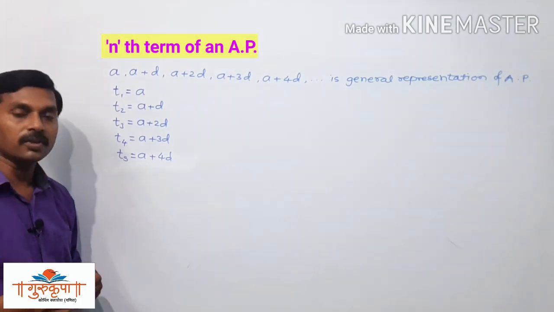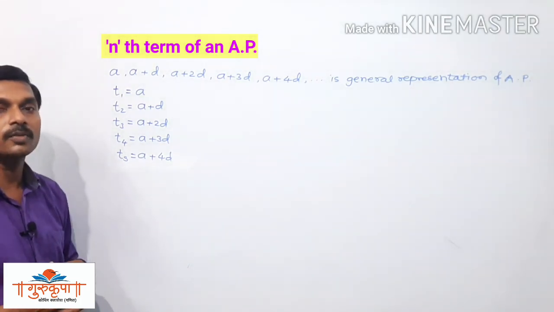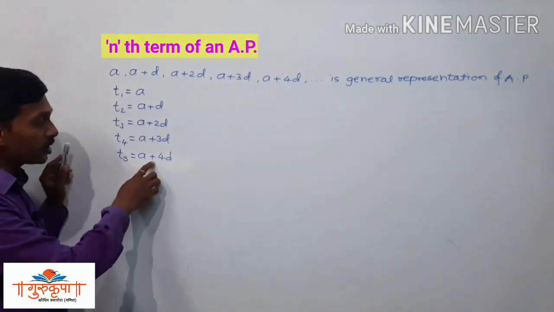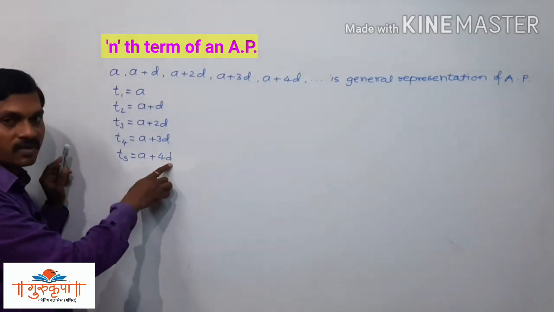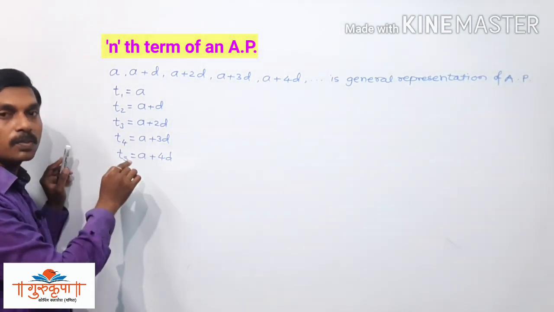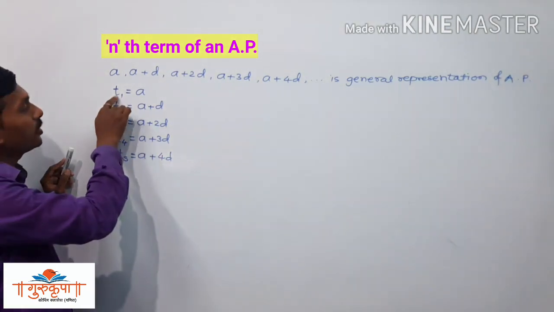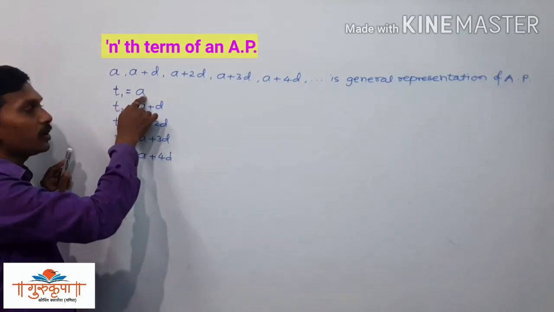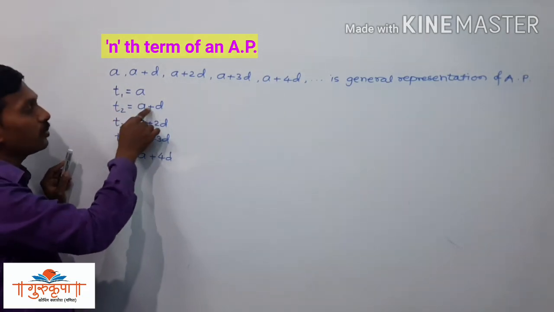then you can represent that term as a plus 99d. Since if we observe carefully, look here, T1 is equal to a, here T2 is equal to a plus d.